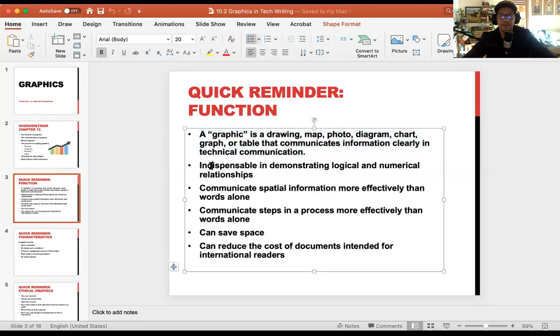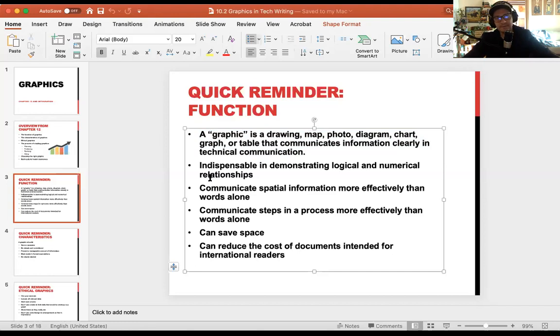But essentially, the point of a graphic is to show relationships between numbers or logic, and communicate information in a way that is more understandable in a graphic than it would be in actual text.